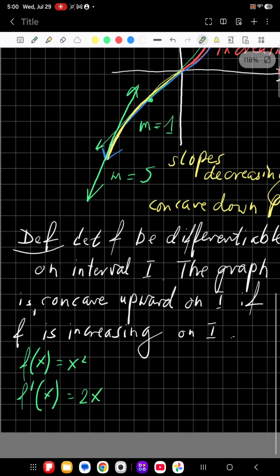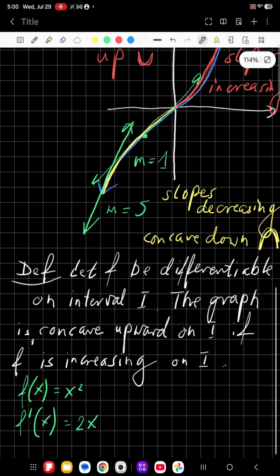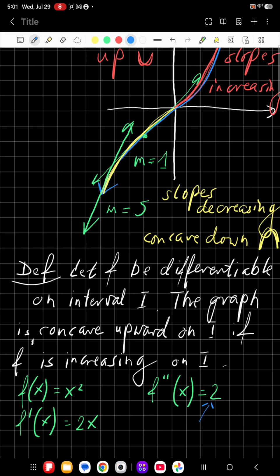So similarly here, we'll take a second derivative and evaluate it. Well, in this case we won't have to, but in general, yes, because we just get 2. If I take the derivative of 2x, that is 2. So you see that this number, the second derivative, is always positive.